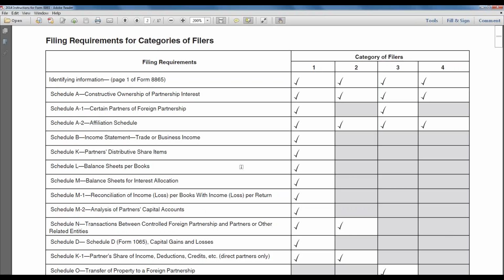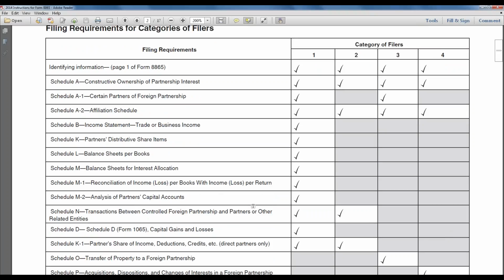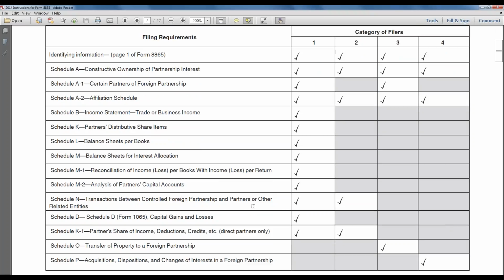I want my client to know exactly what's happening with some foreign partnership, maybe more so than even with a domestic partnership, because suing in a foreign country is a lot harder than the United States and a lot more expensive. So it's really, I think, important for us as CPAs to have the clients have some type of internal control by at least knowing what's going on.